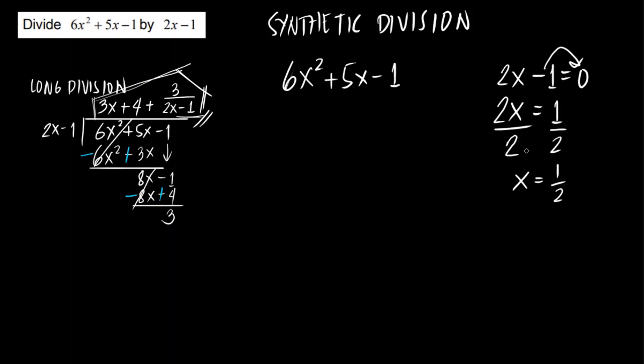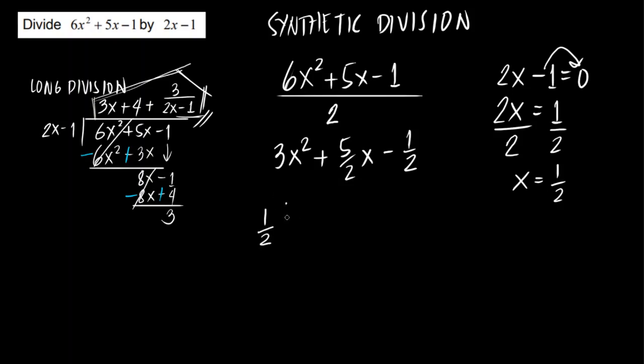So, if we divide the divisor by 2, we also divide this by 2. So, this becomes 3x squared plus 5/2 x minus 1/2. And what you're going to write in your synthetic division is 1/2, and then the coefficients are 3, 5/2, negative 1/2. Alright?